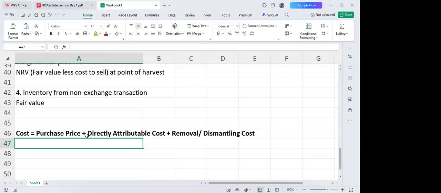We have the purchase price of the assets. We have directly attributable cost. We have removal or dismantling cost. So whenever you're considering the cost of an item of PPE, we consider these.